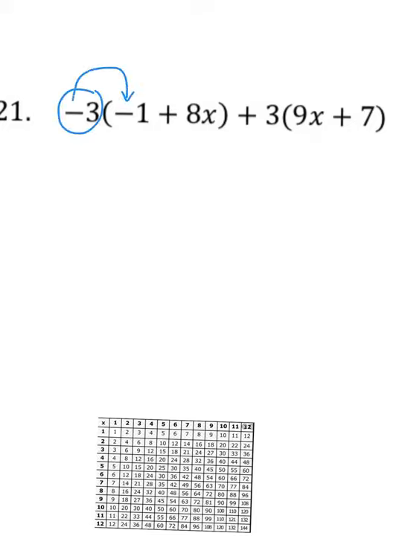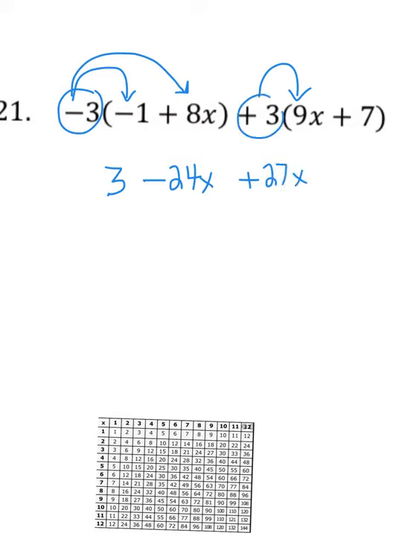All right, let's distribute. Negative 3 times negative 1 is 3. Negative 3 times positive 8 is going to be a negative 24x. Positive 3 times 9 is going to be a positive 27x. And a positive 3 times a positive 7 is a positive 21.